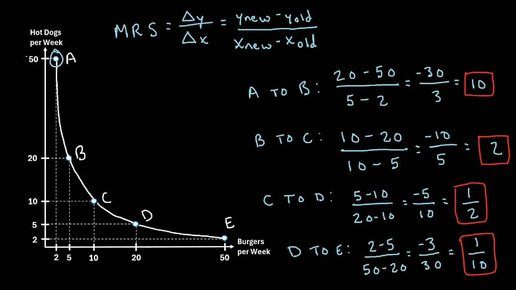That's because we have a lot of hot dogs, but we don't have very many burgers. So burgers are scarce. So we're willing to give up more hot dogs just to get a few burgers. But as we move down the indifference curve, we're willing to give up fewer and fewer hot dogs because now hot dogs are becoming more scarce than burgers. So we're not willing to give up as many to gain an additional burger. So that is how you can calculate and interpret the marginal rate of substitution given an indifference curve.